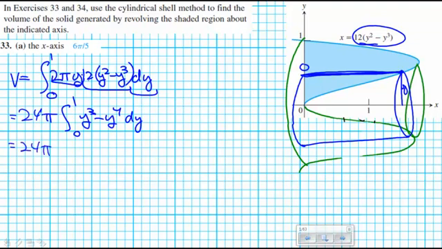24 pi, the antiderivative of y cubed is 1/4 y to the 4th. Antiderivative of y to the 4th is 1/5 y to the 5th, evaluated from 0 to 1, or 24 pi times 1/4 minus 1/5 when I evaluate it at both 1 and 0.